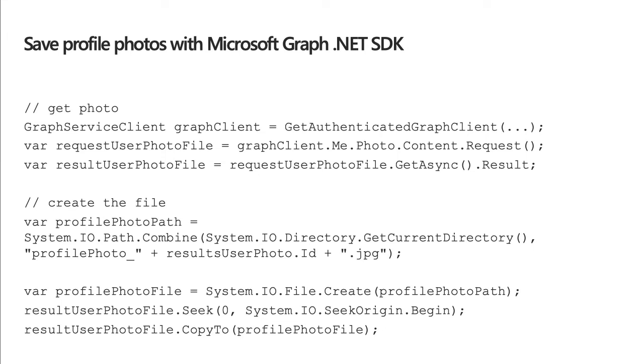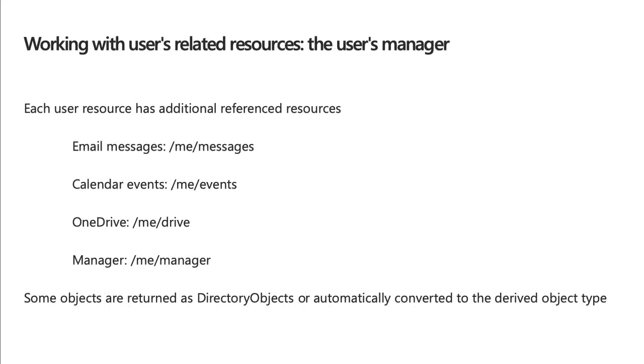I'm then going to create a file locally on my machine, and then I'm going to save the file from the Microsoft Graph to the local file using a file stream. Now, each user resource has additional referenced resources, such as their email messages at /messages, their /events, and even for files, you can go to /drive. And we talked a little bit about that in the previous section.